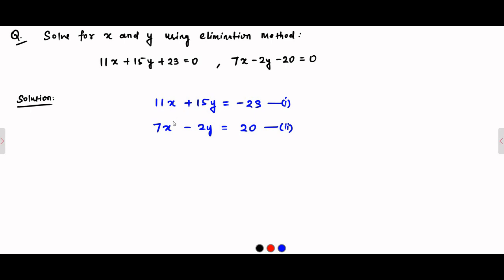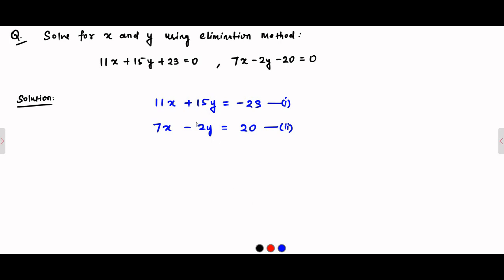So our objective now is to eliminate one of the variables. Again, plus minus, that is very good. One is plus sign, one is minus sign. So now we have to match their coefficients, match the coefficients of y. So how can we do this? Cross multiplication with each of these coefficients.